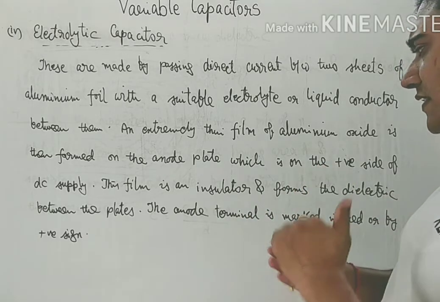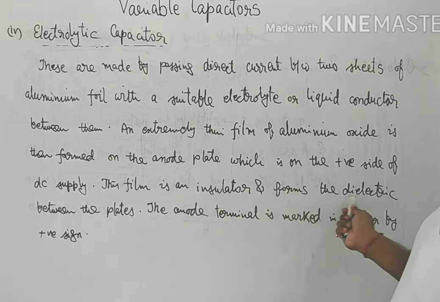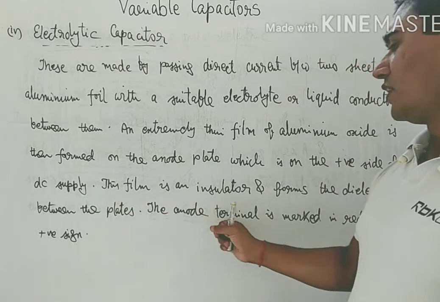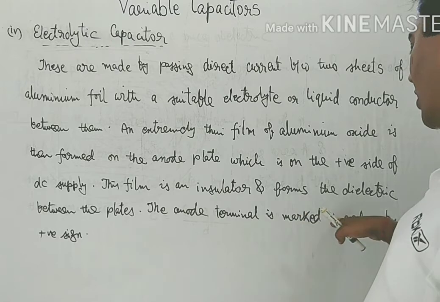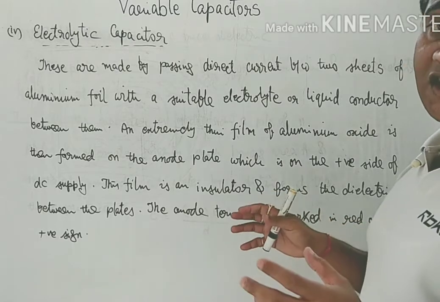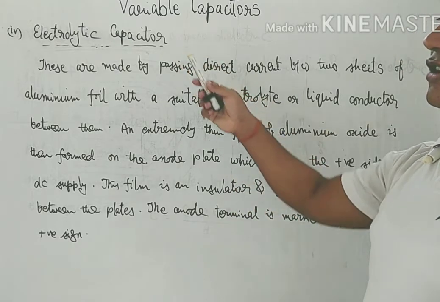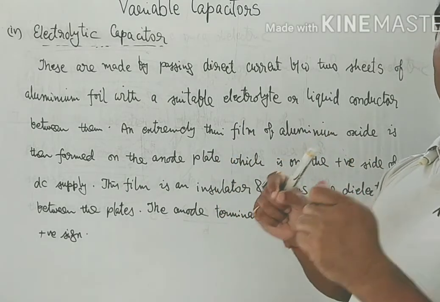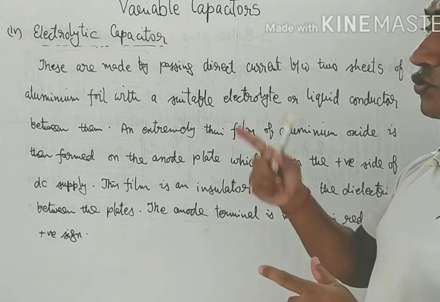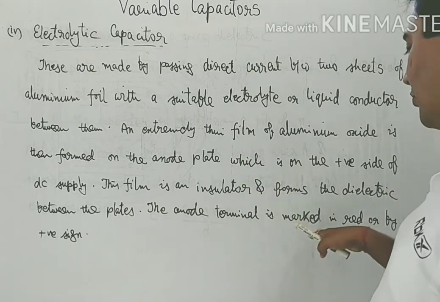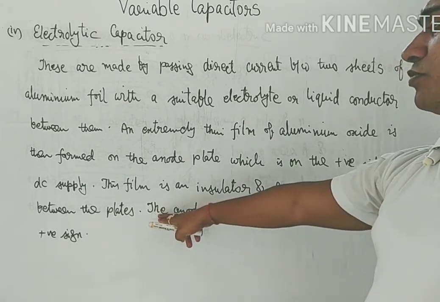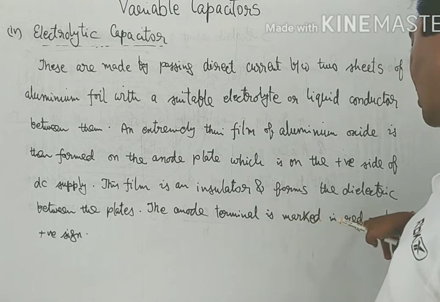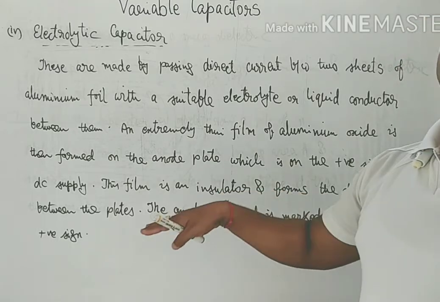The film is an insulator and forms the dielectric between the plates. The anode terminal is marked for clear identification, because such capacitors must be connected with proper polarity. Otherwise, it is quite dangerous in a circuit. So for identification, the anode terminal is marked in red or by a positive sign.